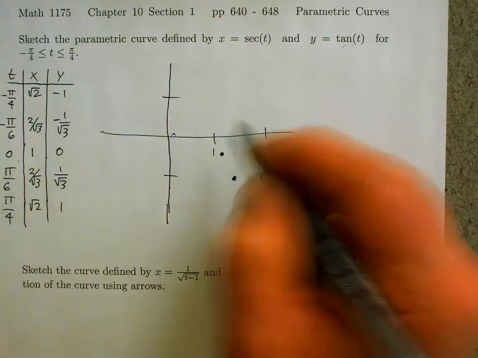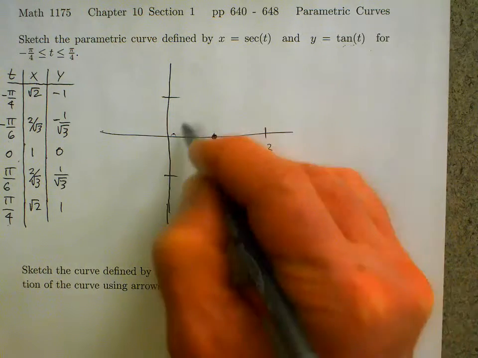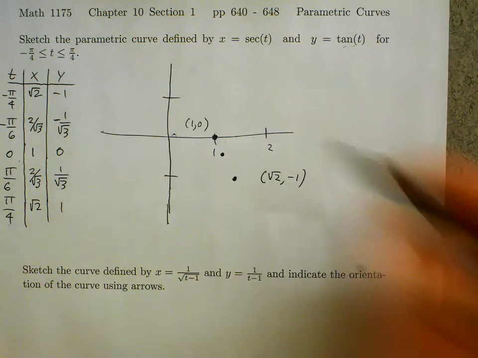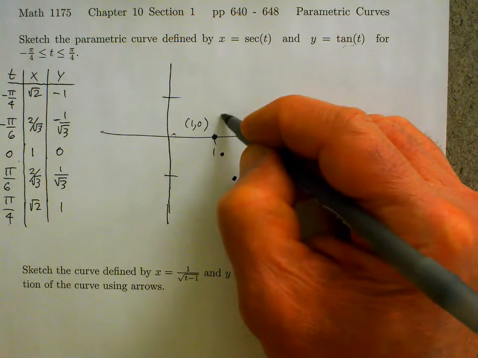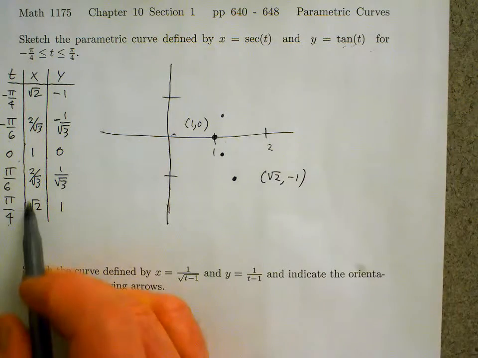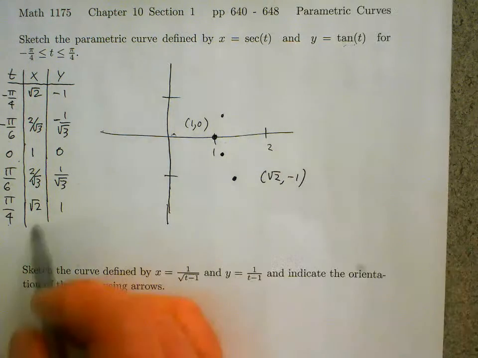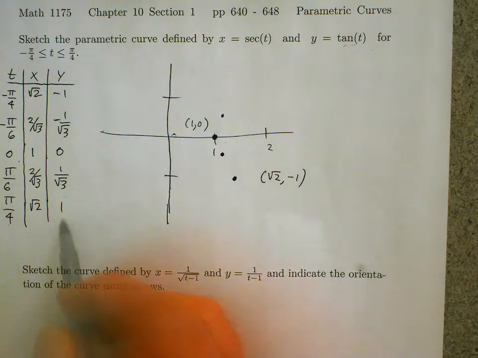And then 1, 0. And then on the other side, 2 over the square root of 3, 1 over the square root of 3, and then square root of 2, 1.